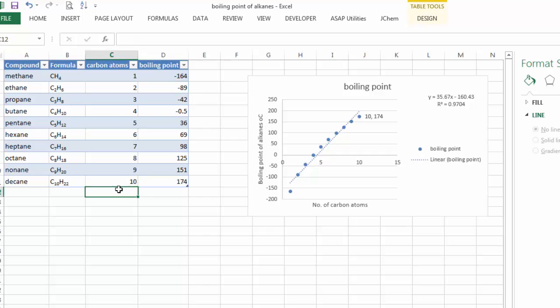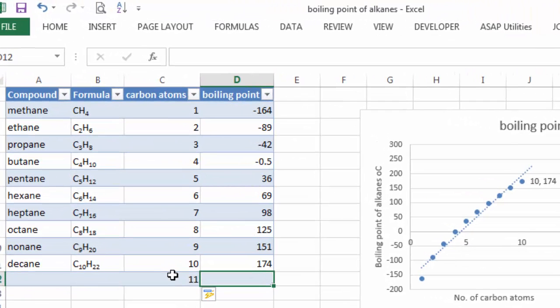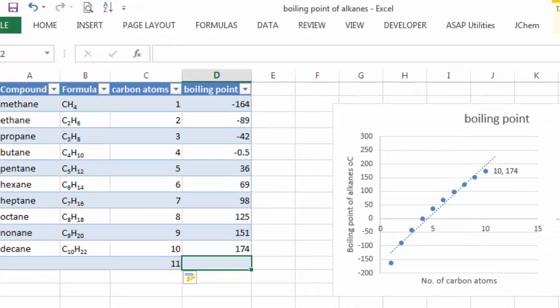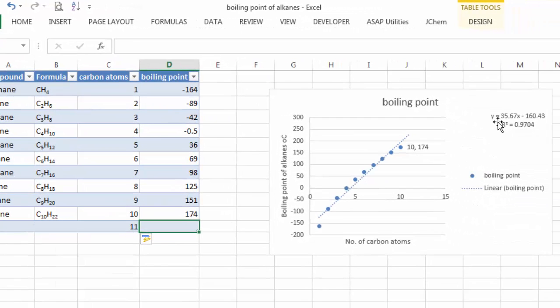And if we were to find out the boiling point of the 11th alkane, we could use the slope and the intercept of the curve that we have just done above to get the boiling point. So let's see, we've got y is the boiling point, and x is the number of carbon atoms.